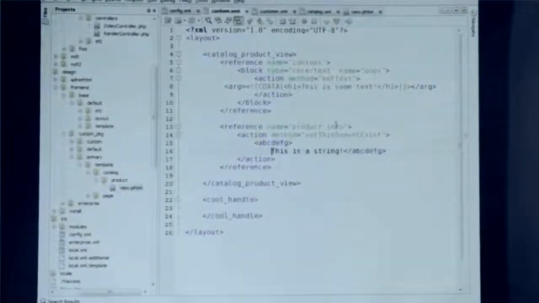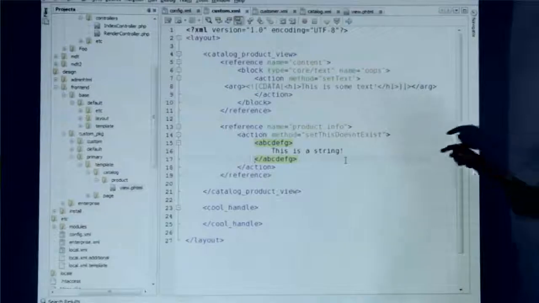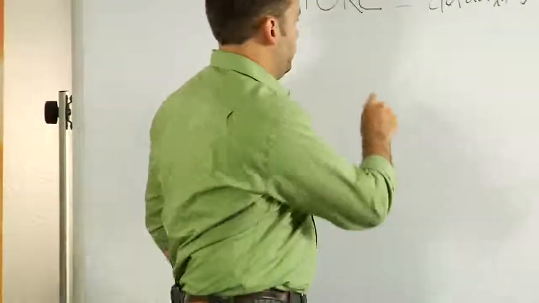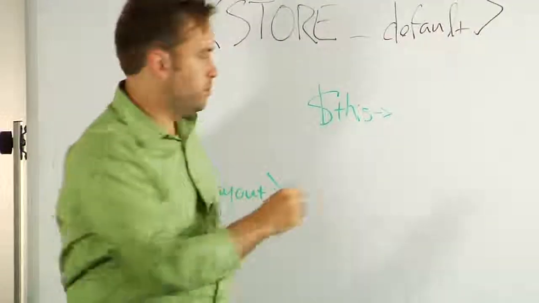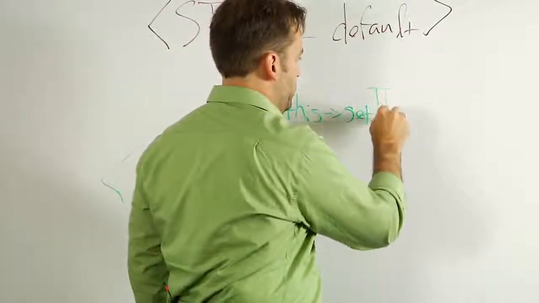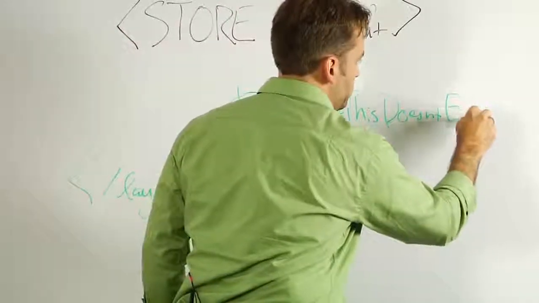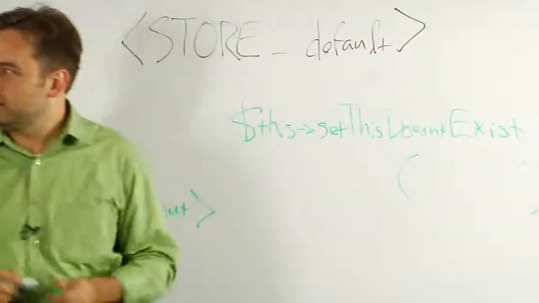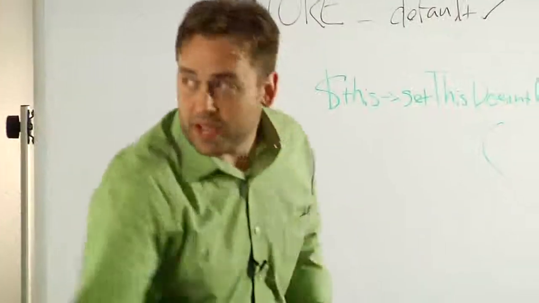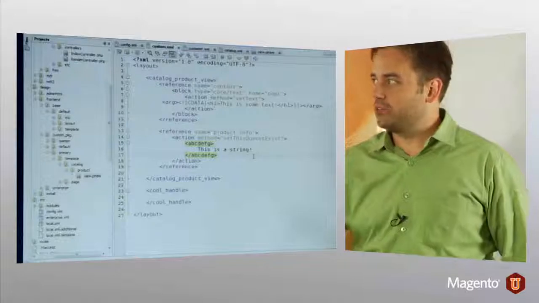The only time it's not arbitrary is when, well, this level is always arbitrary, and this right here is equivalent to me calling, relative to that class, this set this doesn't, blah, blah, blah, exist. And then what gets passed in is this. Now here, this would have this white space around it, literally.